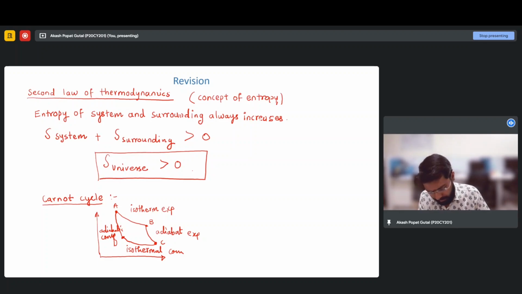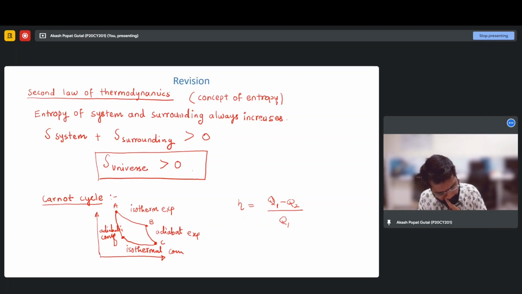The efficiency of the Carnot cycle can be given as eta, which is defined as the total work done by the engine divided by the total heat gained, which is nothing but Q1 minus Q2 divided by Q1.